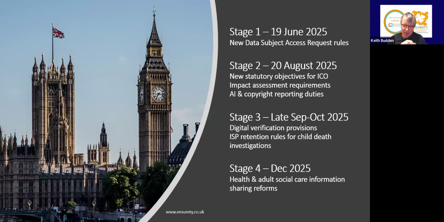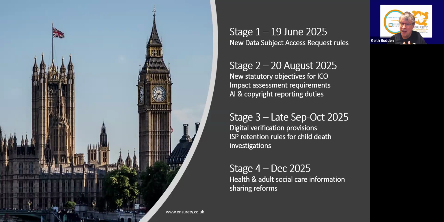The next stage comes in on the 20th of August, which is new statutory objectives for the ICO, impact assessment requirements, and AI and copyright reporting duties, and as I say, this complaints procedure, which we were talking about. Stage 3, which is coming in late September to early October 2025, will be about increasing digital verification and changing the ISP's data retention rules for child death investigations.